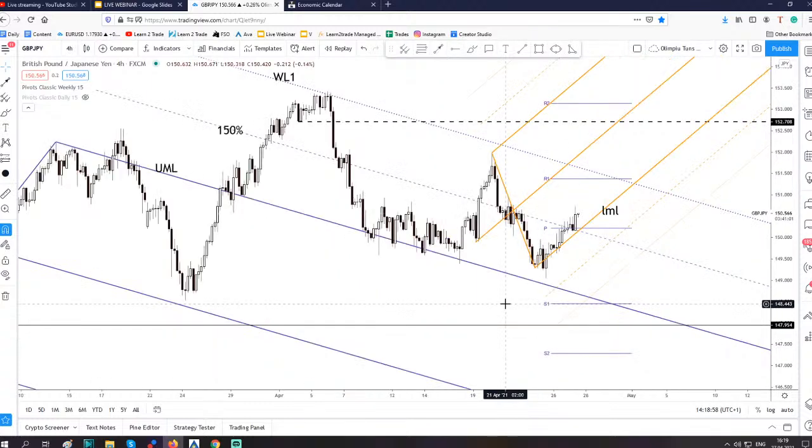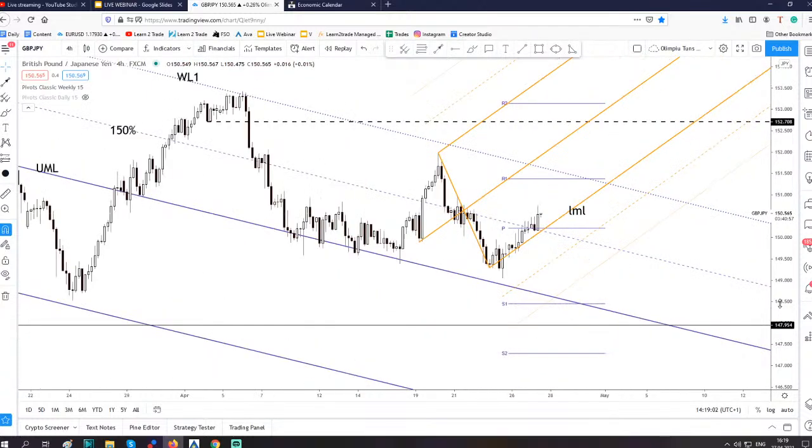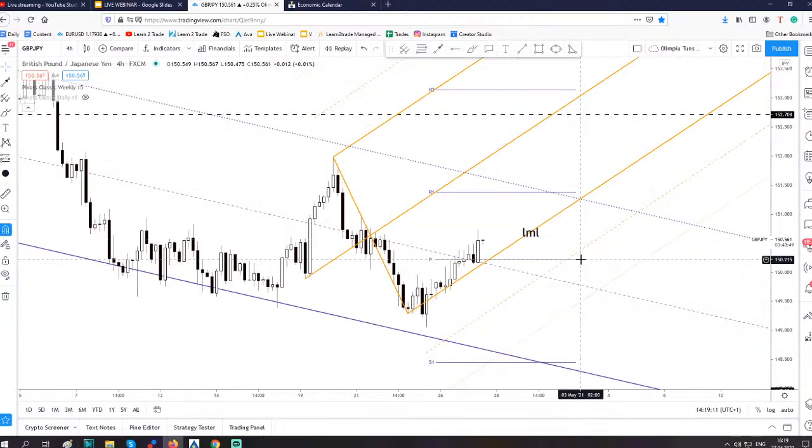So as I've told you, the price moves somehow sideways, but this one here, this aggressive breakout and bullish closure far above the weekly pivot, is signaling that the pair could continue to increase in the short term. Okay, and we can use this lower medium line as a dynamic support.